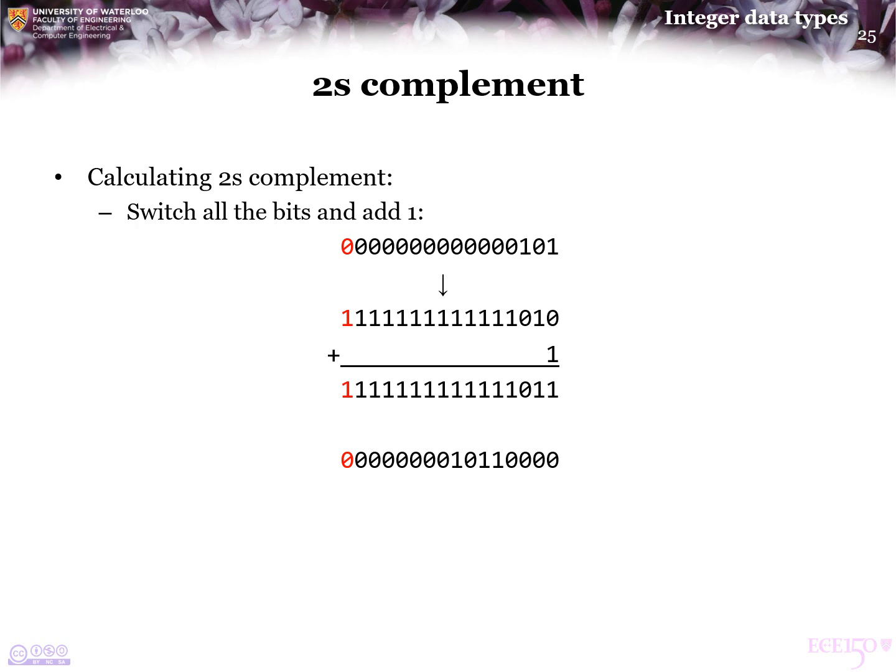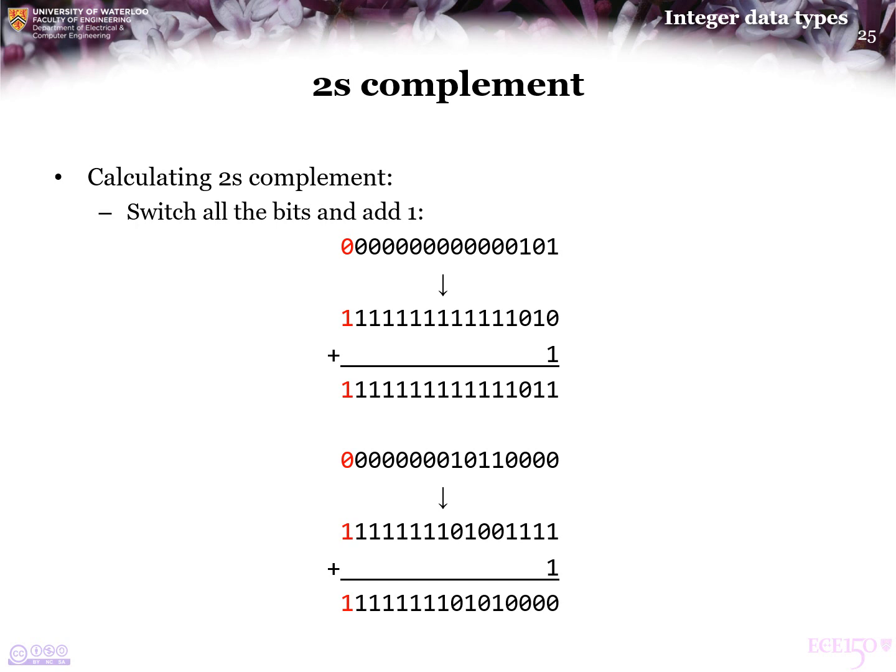Here's the binary representation of positive 176. If I want to know how to store negative 176, I will flip all the bits and add 1. Well, there's a whole bunch of carries there, but this becomes the representation of negative 176.